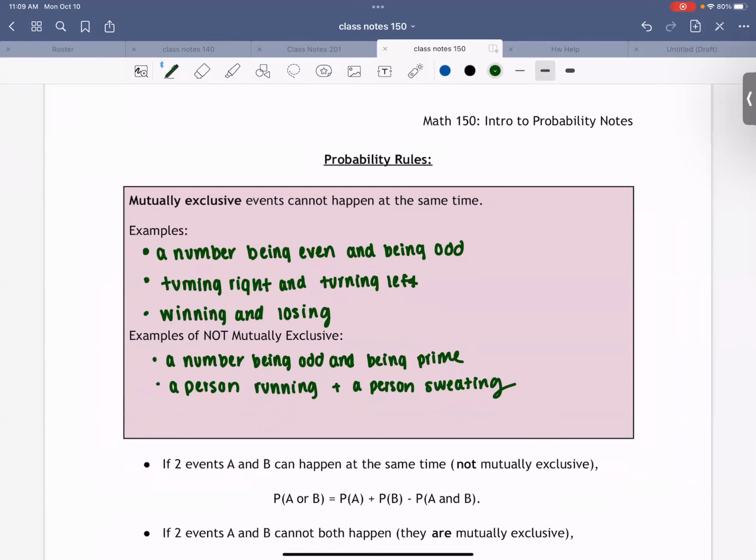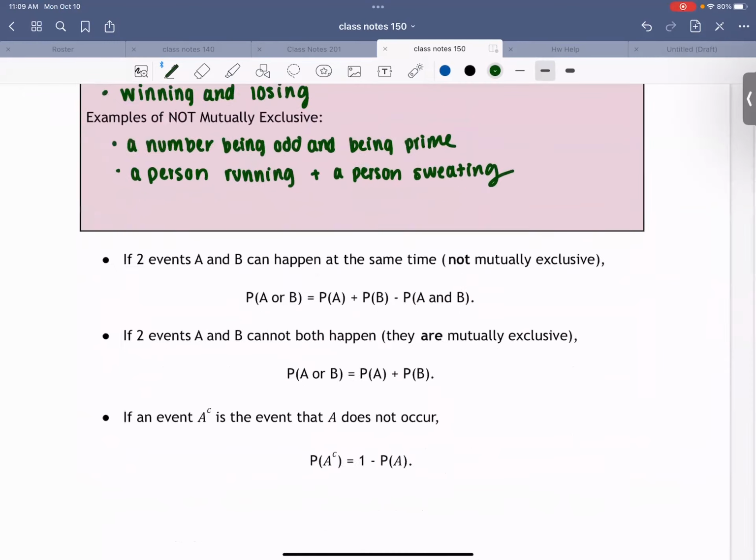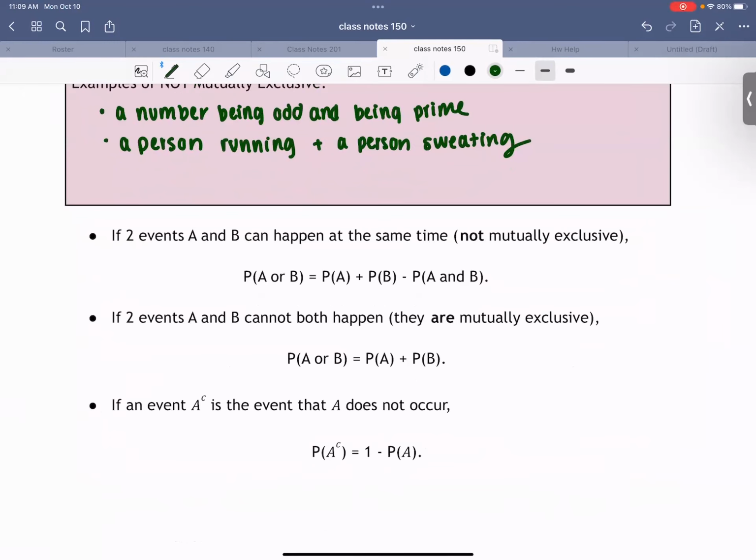So maybe the probability of A or B happening. Now, this comes into play because the way of finding probability is different depending on these 2 situations. First of all, if 2 events are not mutually exclusive, like running and sweating, or being odd and being prime, meaning that they can happen at the same time, the probability of event A or event B will be the addition of those 2 probabilities.